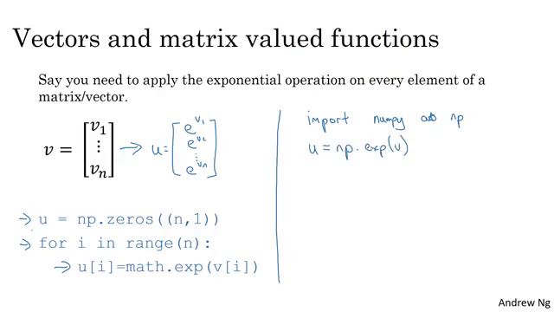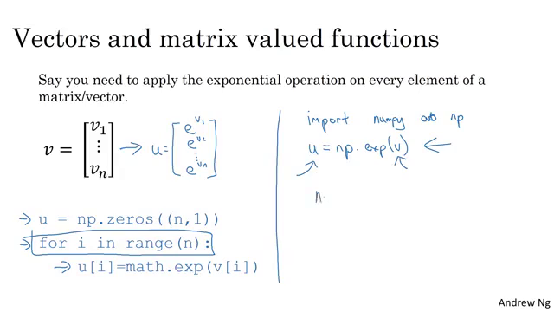Notice that whereas previously you had an explicit for loop, now with just one line of code, where v is an input vector and u is an output vector, you've gotten rid of the explicit for loop, and the implementation will be much faster.